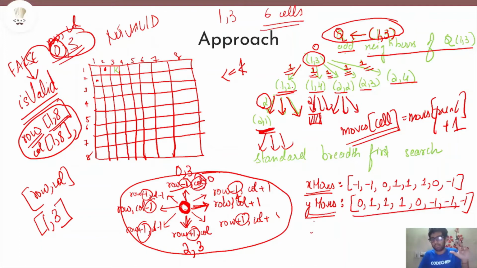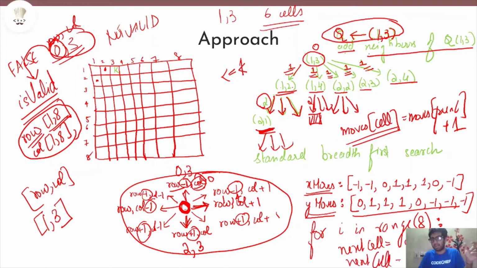This means that in order to compute the neighbors of a cell, we can just say for index in range 8, traverse through the x moves and y moves arrays, and the next cell or neighboring cell will be nothing but your current cell plus x move of I, and the next cell plus your y moves of I. Basically, if I want to compute the neighbors of the current cell, I know I need to explore 8 possibilities.